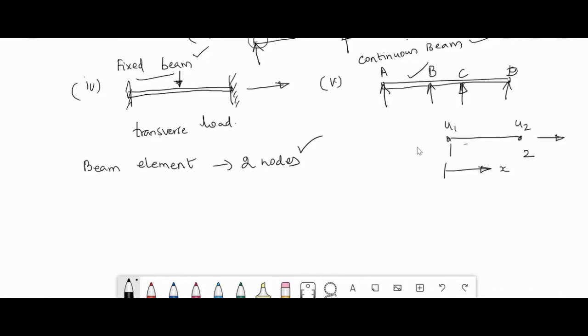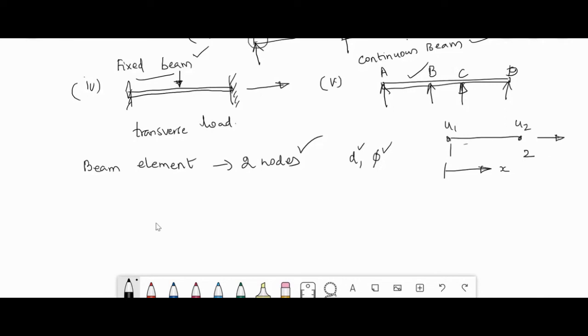The beam element is applicable to analyze the beam with transverse loading. Here you have the displacement and the rotation. The displacement is denoted as d, and the rotation is denoted as phi. So how to configure that?